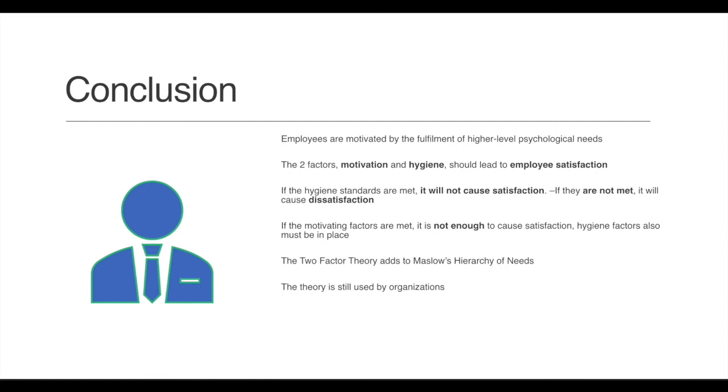If they are not met, it will cause dissatisfaction. If the motivation factors are met, it is not enough to cause satisfaction; hygiene factors also must be in place. The two-factor theory adds to Maslow's hierarchy of needs by stating that dissatisfaction at work can be found even if all needs in Maslow are met.